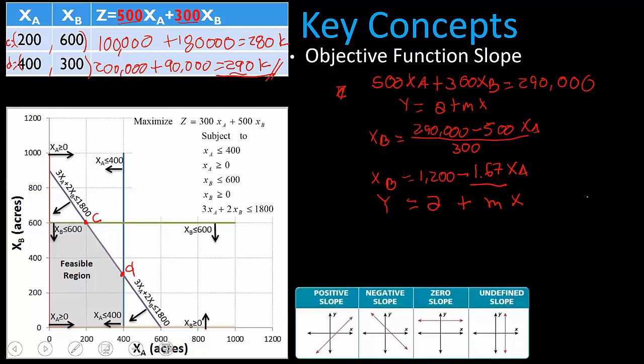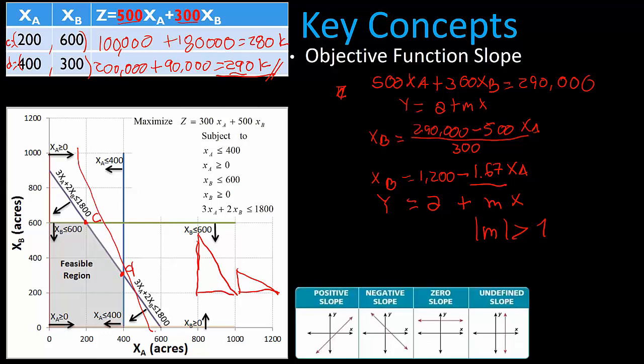So here, the absolute value of m is greater than 1. So what we were thinking is that this is a little bit steeper than the previous one, which was 0.6, which was something like this. And because it is now steeper, the last point that is touching this part is in here.